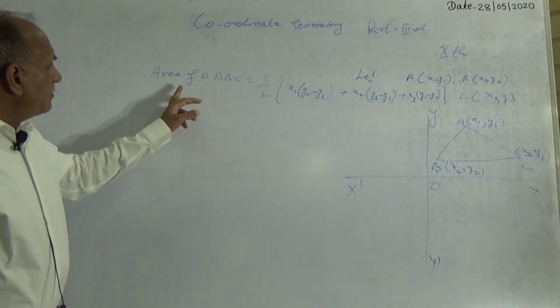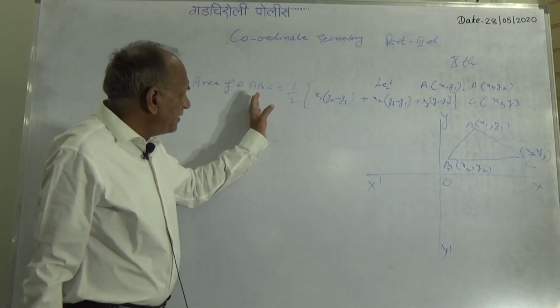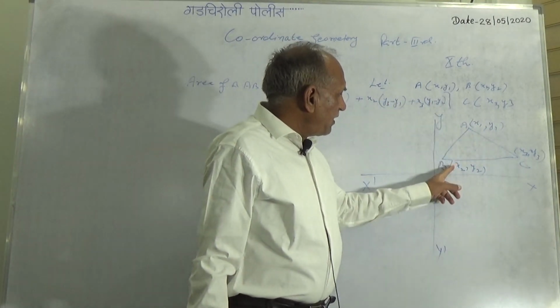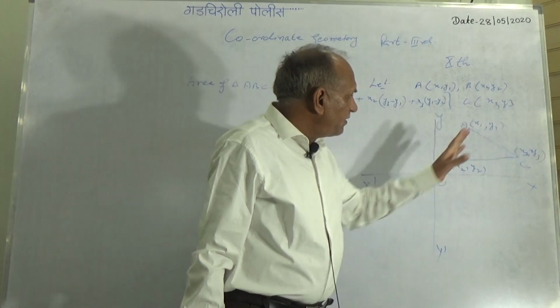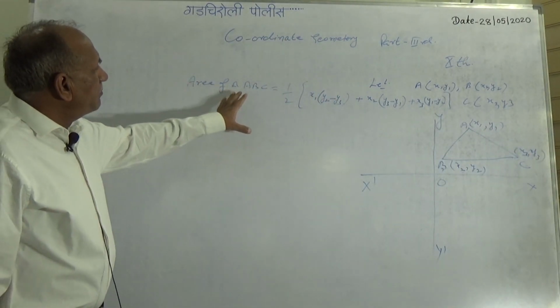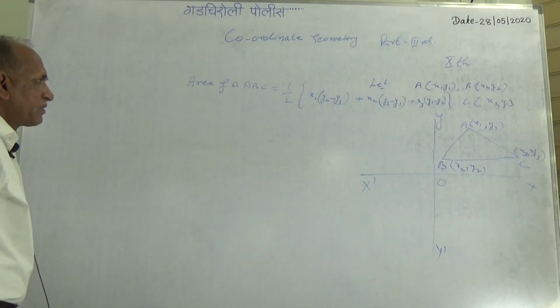Now this is the formula for finding the area of a triangle ABC whose vertices are given x1 y1, x2 y2, x3 y3. Now with the given formula we can solve the problems.